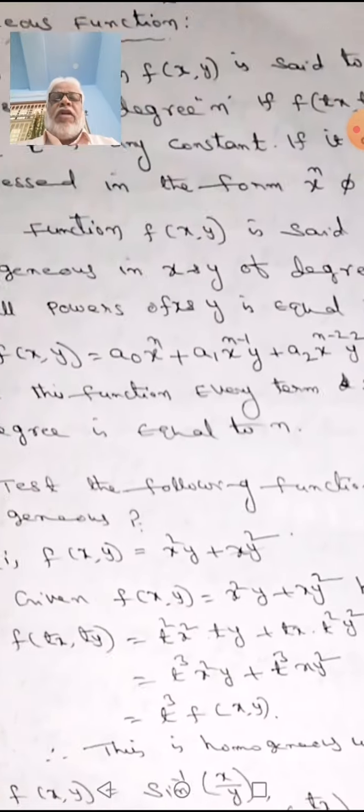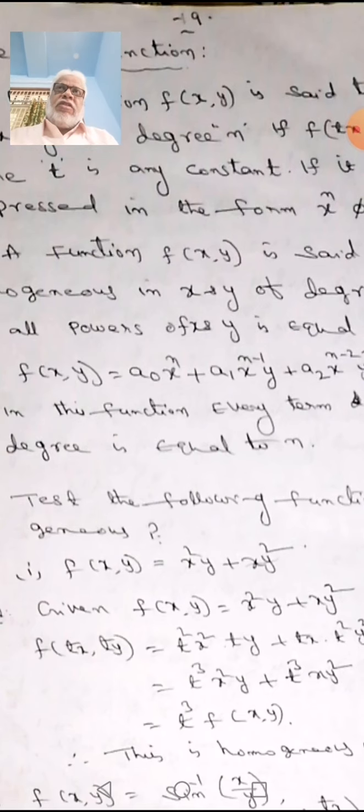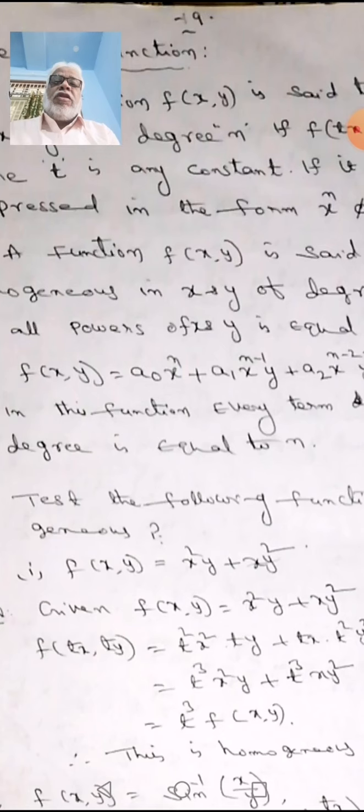Is x square plus y square plus 2y homogeneous? The degree of the first term is 2, the degree of the second term is 2, and the degree of the third term is 1. So that is not homogeneous. For a homogeneous equation, from the first to the last term, the degrees are the same.